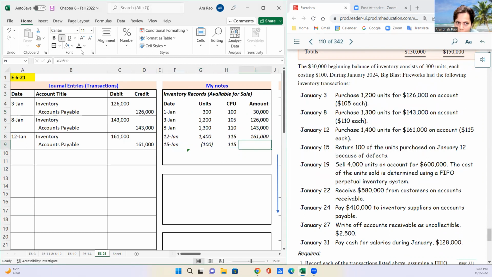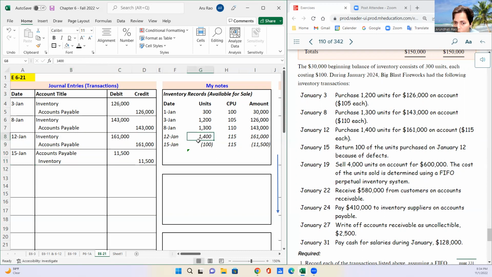Okay, I am returning $11,500 worth of inventory. To the extent I return the inventory, my inventory balance goes down and my accounts payable balance goes down. So essentially I need to reverse this journal entry. On the 15th, accounts payable debit, inventory credit, 11,500. That's the 100 units that I returned.